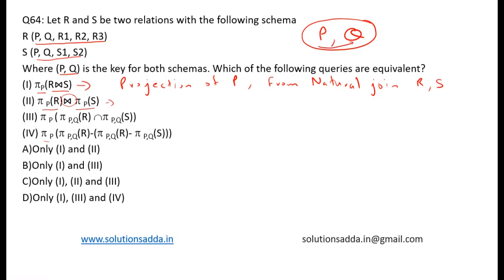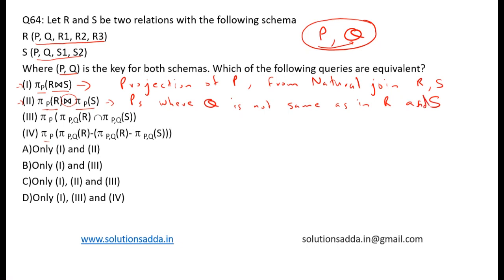For the second one, we'll select initially all the P's from R, and then all the P's from S, then we'll perform the natural join. So this will not be equal to the first one because it may include P's where Q is not the same in R and S, because we are not performing the natural join together.